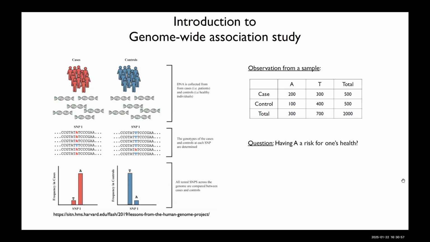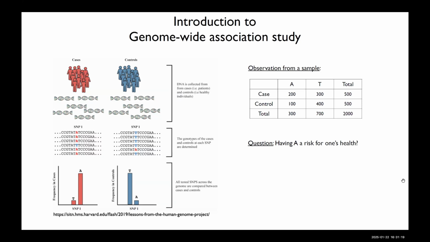And let's imagine that in a hypothetical genome-wide association study, the researcher recruited 500 healthy individuals for controls, and then 500 individuals with some certain disease, the cases.